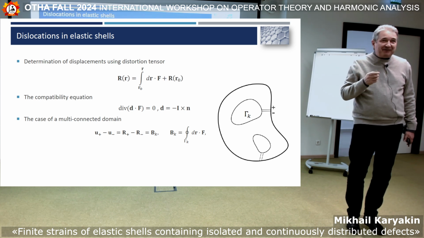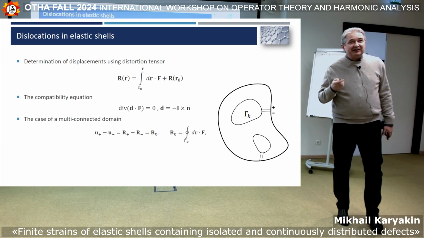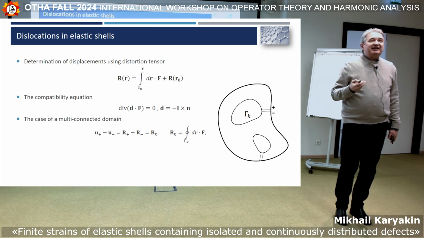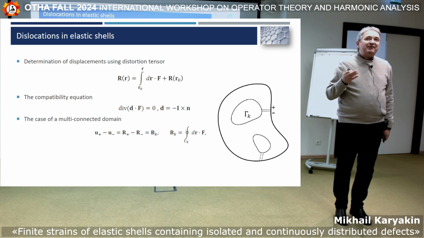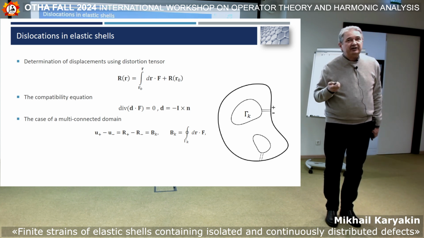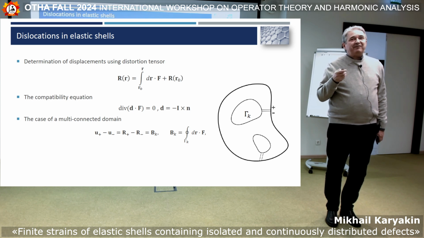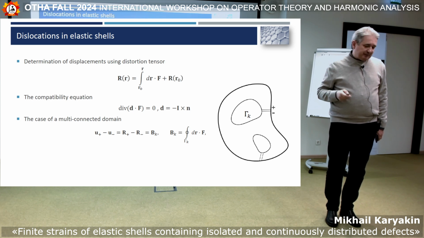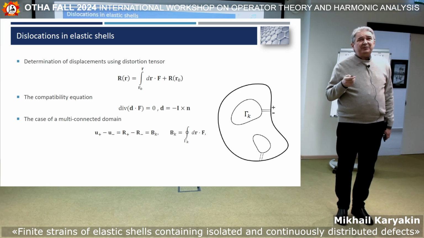But this is really a theorem: if this capital F field is given, then in the multi-connected region, if I make a cut that transforms this multi-connected region into a single connected region, the values of my function on the two edges of this cut will be related.